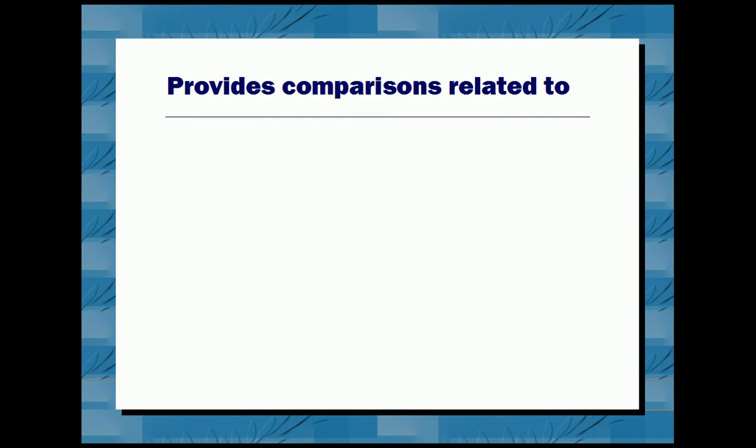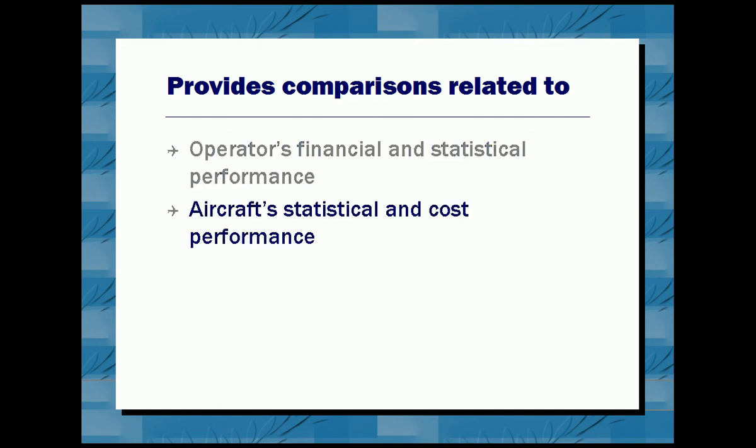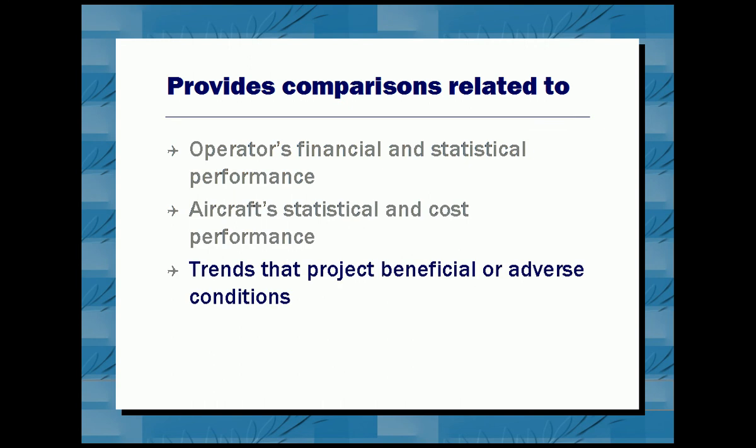This application provides comparable metrics and information related to an operator's or group of operators' financial and statistical performance compared to its competitors or peers. It compares statistical and cost performance of aircraft or a group of aircraft against its competitors or peers. It shows trends that project beneficial or adverse conditions for an operator or its competitors.